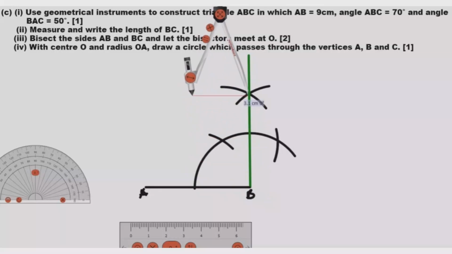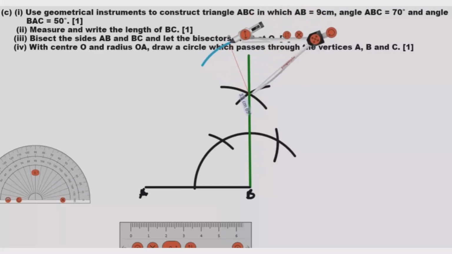Then I'm going to use a different color, a color that you can easily see, because the drawings might go beyond the space. So I'm going to use a color that contrasts with the black color, so that you can see the arcs I'm drawing.